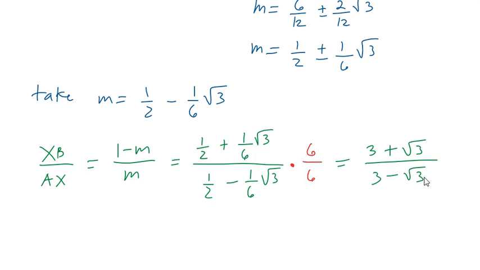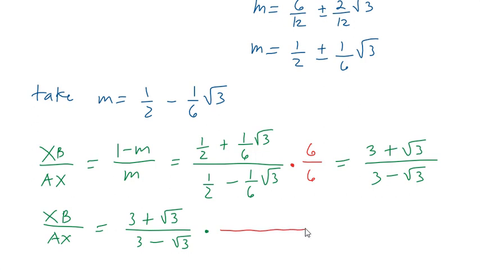Okay? So now, I will rationalize the denominator. So XB over AX is the same thing as 3 plus square root of 3 over 3 minus square root of 3 times 3 plus square root of 3 over 3 plus square root of 3.